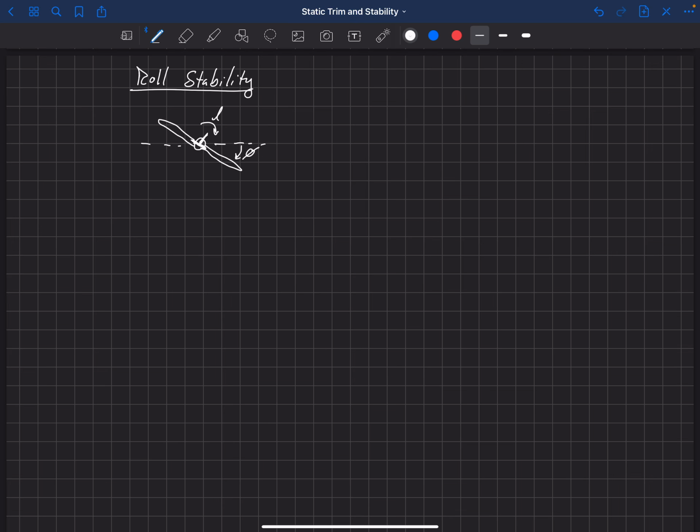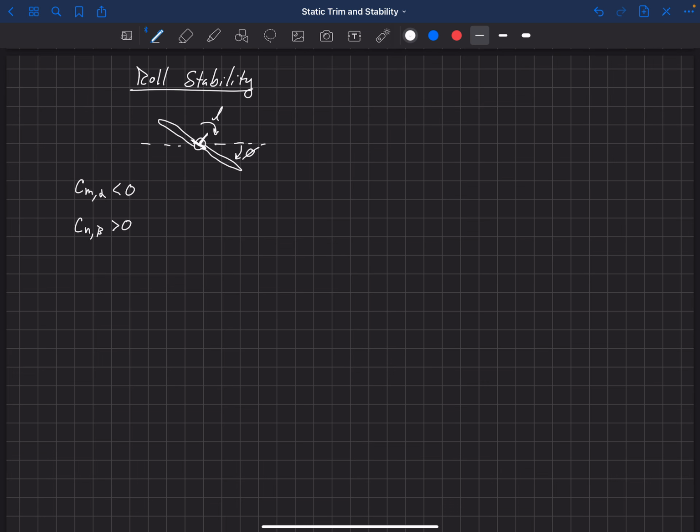Now, before we go on, I'd like to remind us that we've already talked about pitch stability and yaw stability. An aircraft that is stable in pitch requires that Cm alpha is less than 0, and an aircraft that is stable in yaw requires that Cn beta is greater than 0.